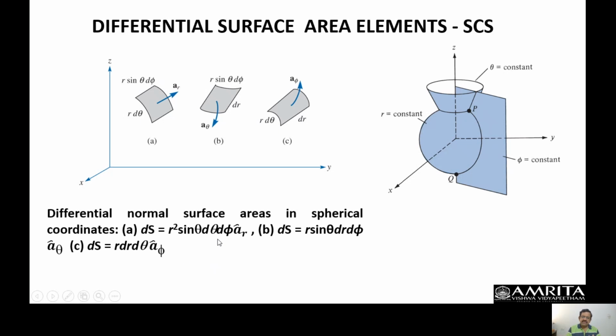And remember, surface area in electrostatics we will always associate with directions because there is a specific direction in which the flux flows, due to a charge or a current configuration. When it is a charge, it is going to be electric flux. When it is a current, it is going to be magnetic flux.